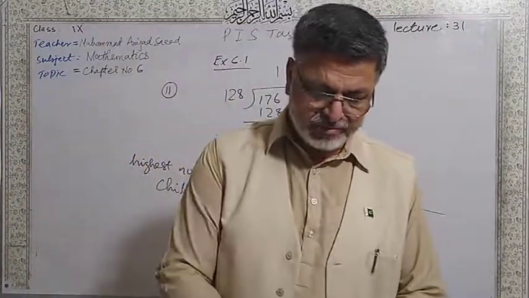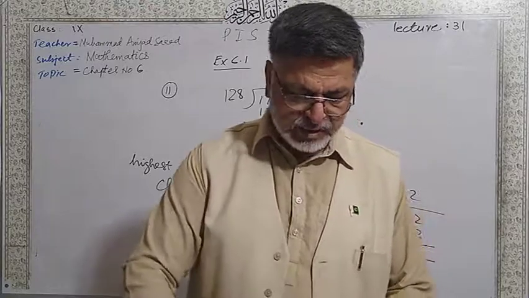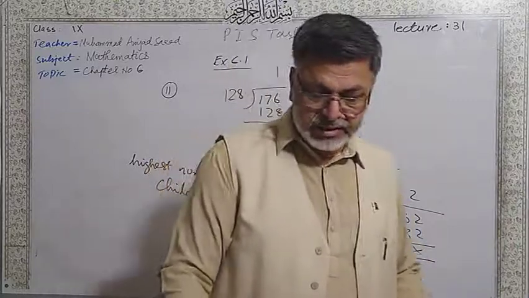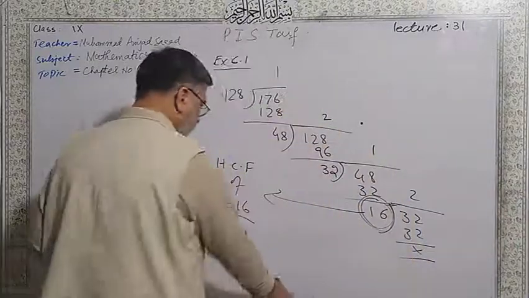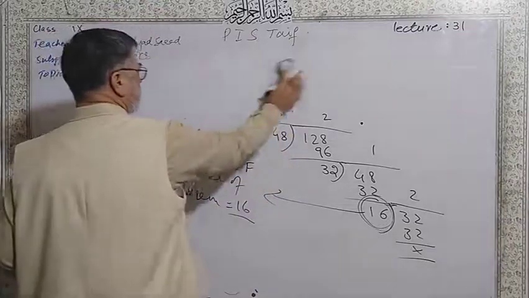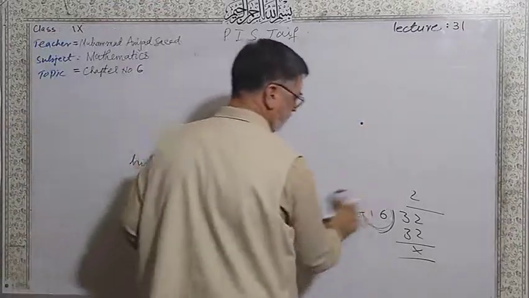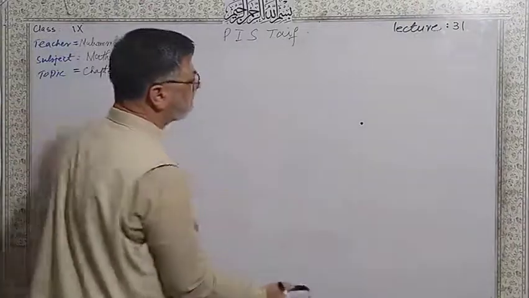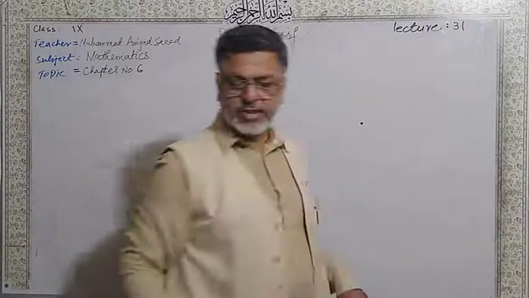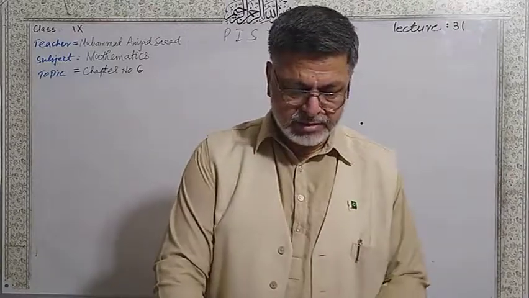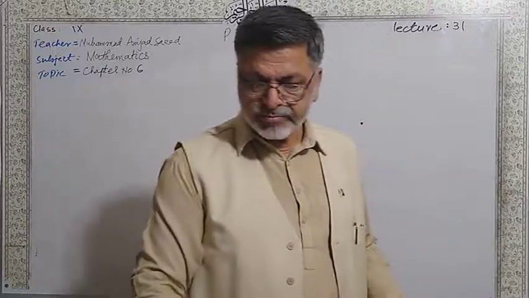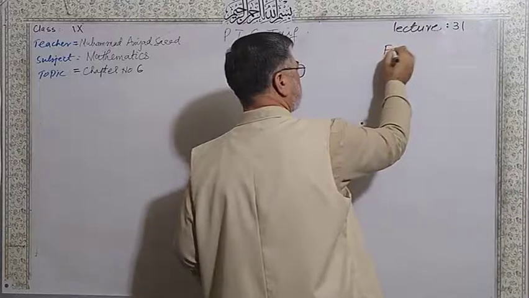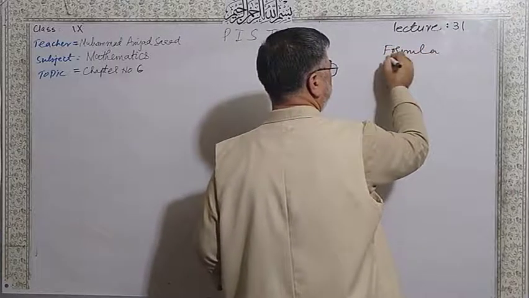After that, we have exercise 6.2. Simplify each of the following as rational expression. So dear students, this time we have to simplify the rational expressions. And remember that I already told you that you have to apply the formulas in different cases.